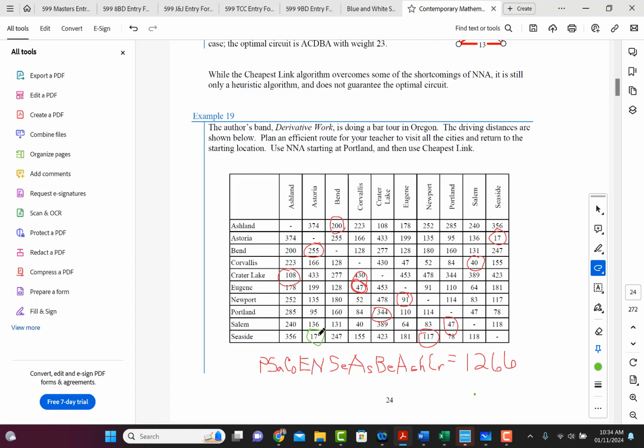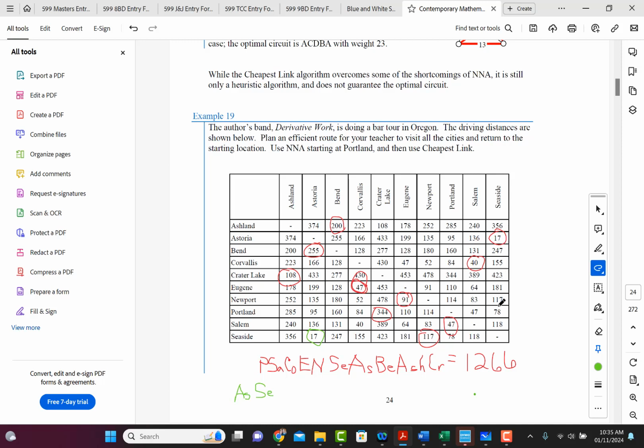We'll go from Astoria to Seaside. Then from Seaside, what's the next one besides 17?